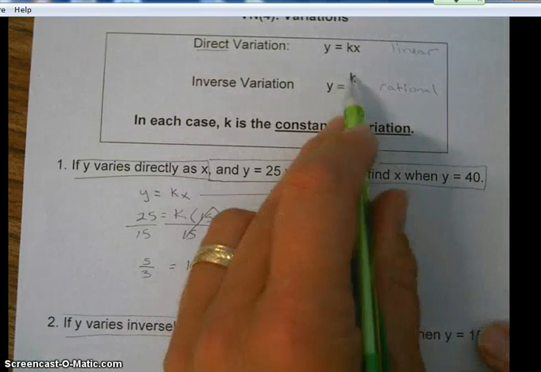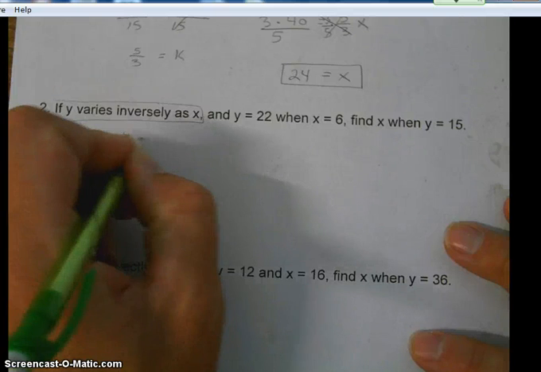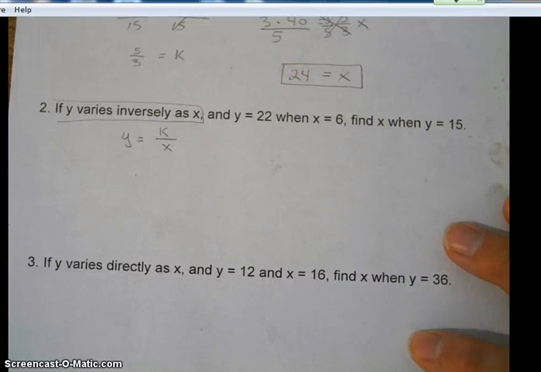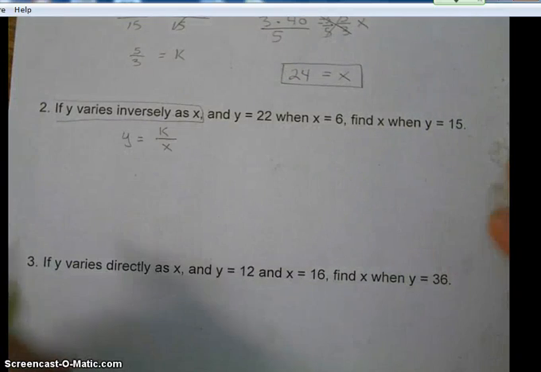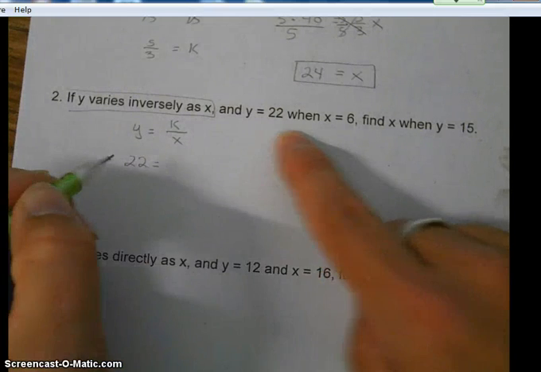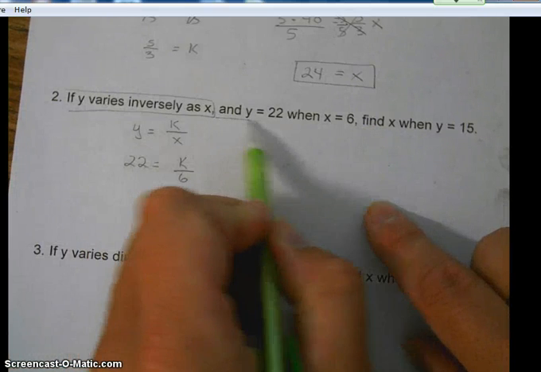So y equals k over x. Okay, remember the first step is to find the constant of variation. So let's plug in the numbers that they give us. 22 goes in for y, and 6 goes in for x.